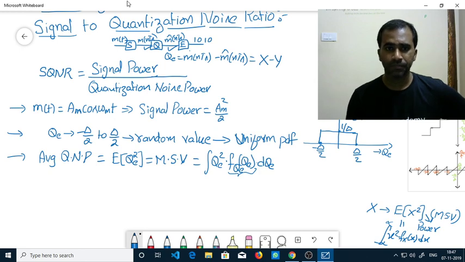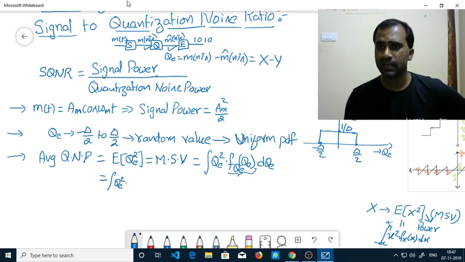Let us calculate this. The expectation of QE squared is the integration of QE squared times f_QE(QE). The equation for f_QE(QE) is 1 by delta for minus delta by 2 less than QE less than delta by 2, and it is equal to 0 elsewhere. Let us substitute this equation here.